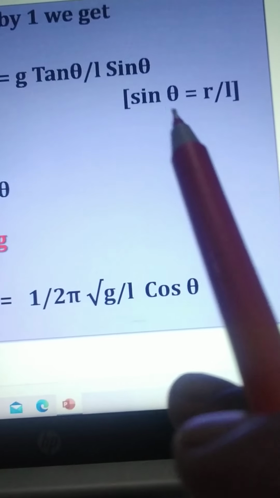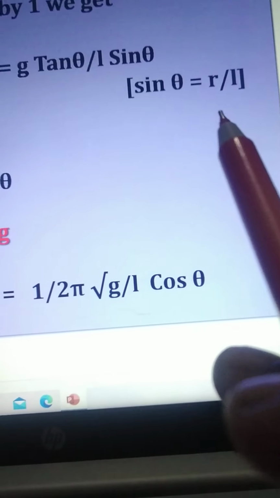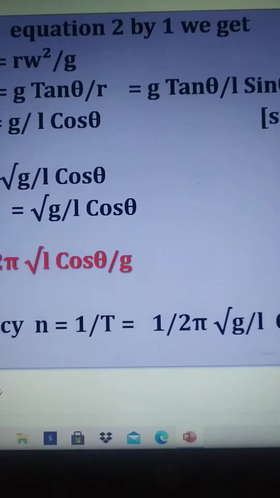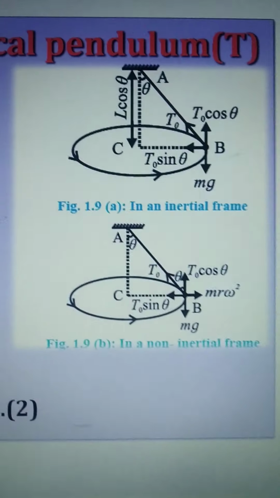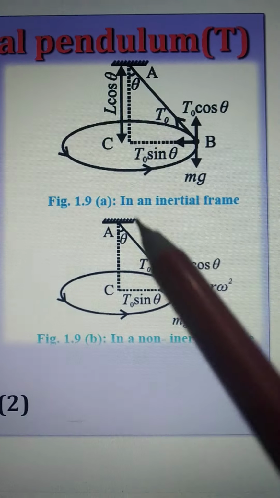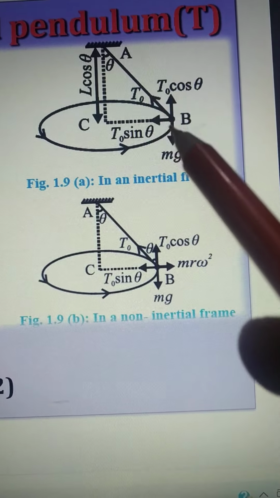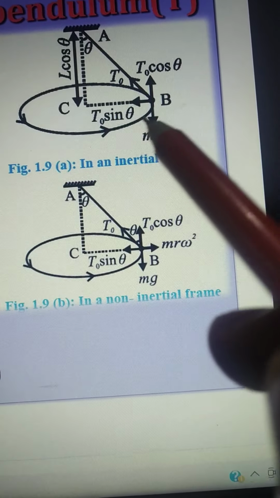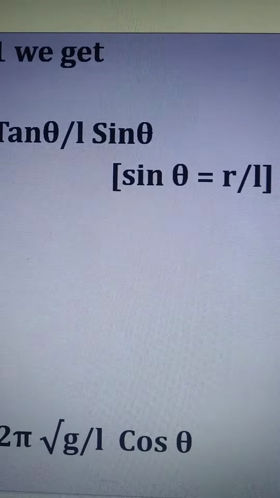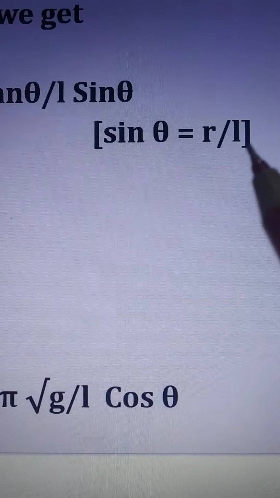Here sin theta is equal to r upon L. How do we find r? Let us see: this is L and this is r, so r is L sin theta.